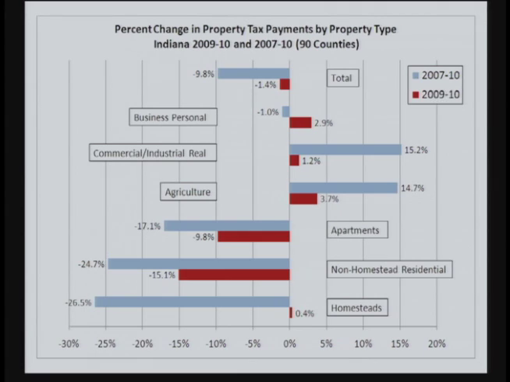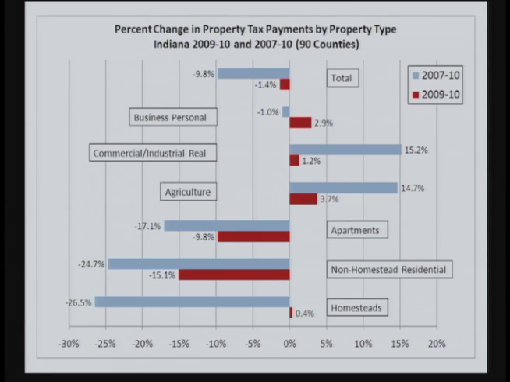The tax caps, while they have delivered some tax relief to homeowners in places where tax rates are particularly high, are not the main reason why taxes have gone down for homeowners. Take a look at apartments and non-homestead residential. Apartments are big rental housing units. Non-homestead residential are smaller rental housing units. As you can see, those property owners have seen large decreases in property taxes as well.